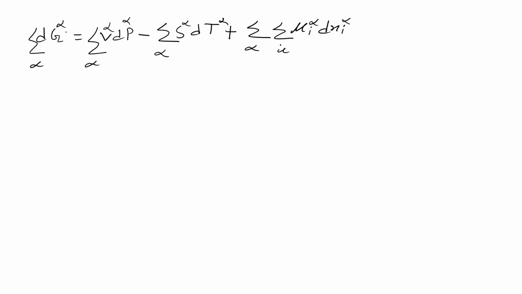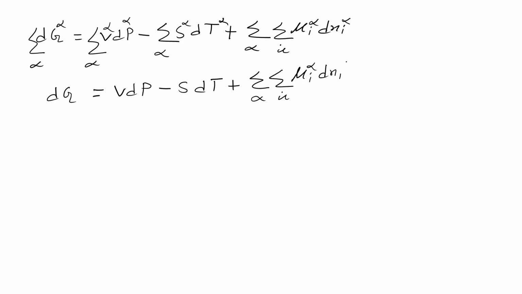Now I consider this overall change in the Gibbs free energy, the change of Gibbs free energy of all the phases, taking it as overall dG, which equals overall V dP, the overall change for all the phases, minus S dT, plus the summation over alpha, summation over i, of mu i alpha dn i alpha, right?